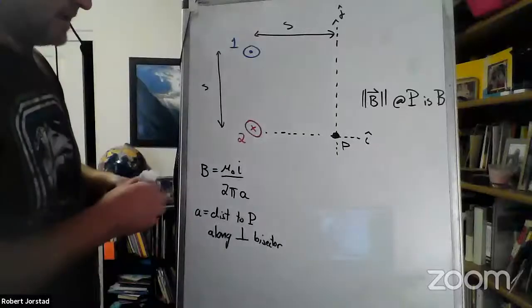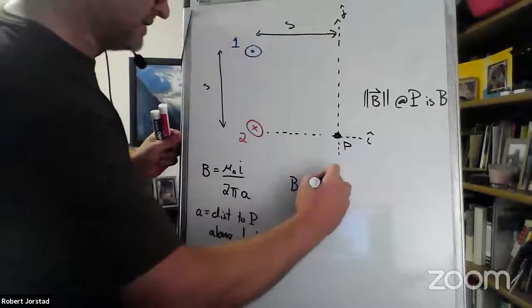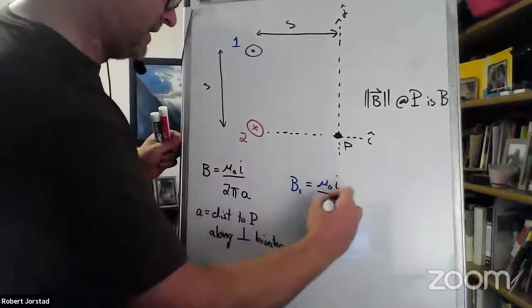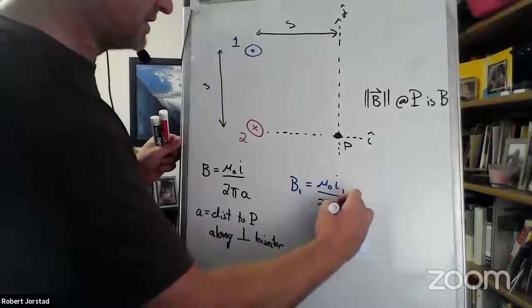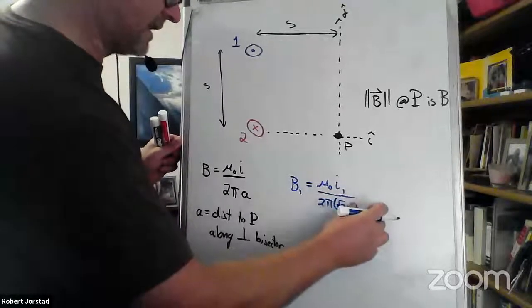Can we add the equation for the wire for number 2? So let me see if I understood you right. You are saying B1 equals mu naught I1 divided by 2 pi times square root of 2s.